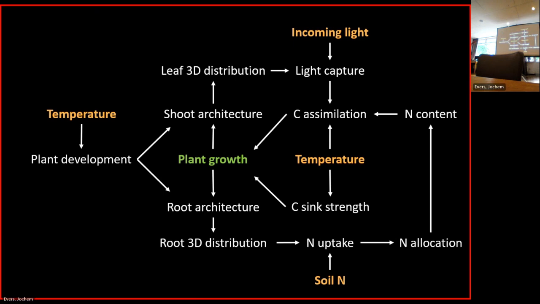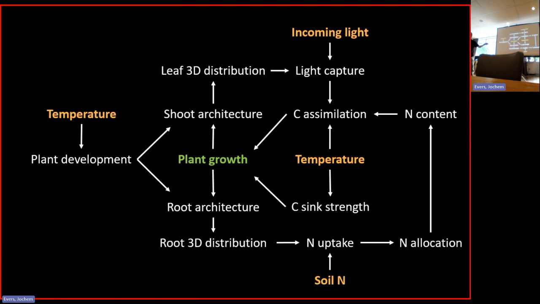So to finish this scheme, I was talking all the time about growth of organs above and below ground, but not about the creation of new organs over time, which we capture in the term plant development. Now, there are whole groups working on models for plant development, and that involves plant hormones and stuff like that. I'm not going to talk about that, also because for the purposes that we use this for in intercrops, we don't normally need that.